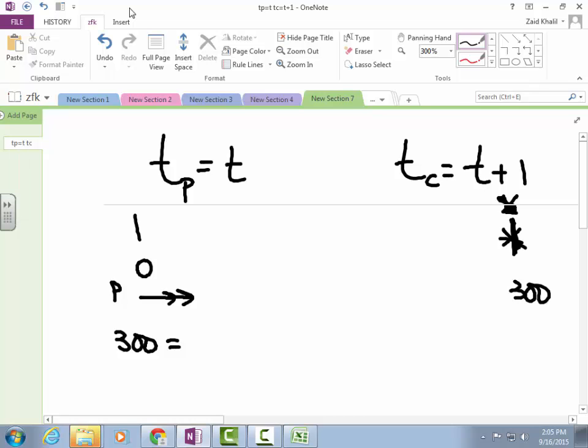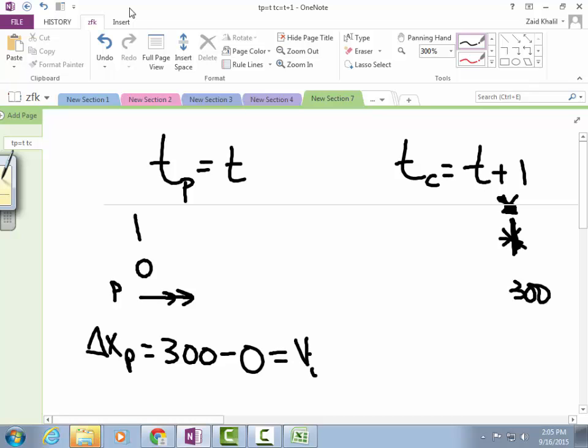His initial velocity, or let's be more specific. Delta x for the police officer is 300 minus 0. Right? And that's equal to his initial velocity, vi, times t plus 1/2 at squared.